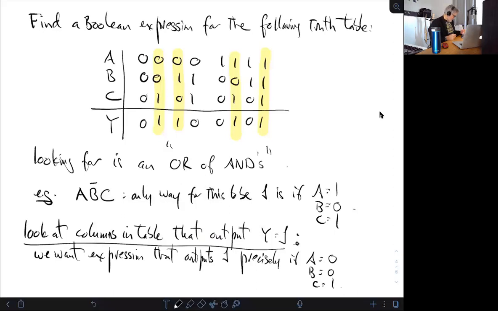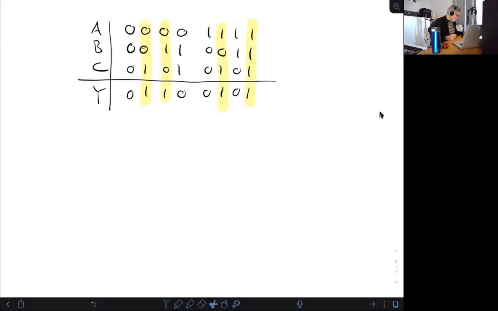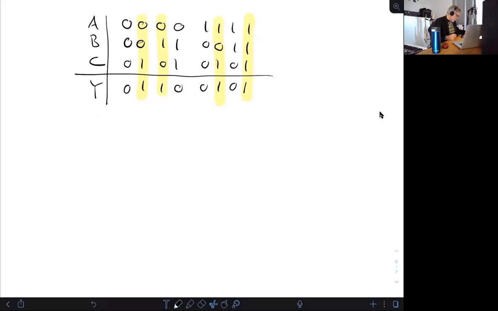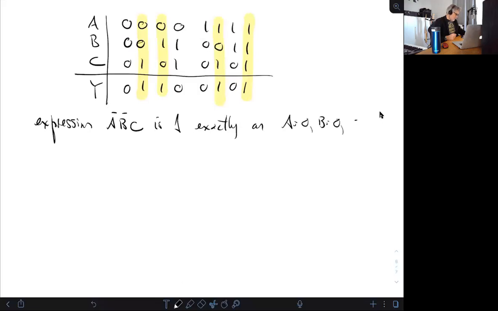So let's just copy this. Copy. Paste. There we go. Okay, so expression A bar, B bar, C is 1 exactly on A0, B0, C1, right?